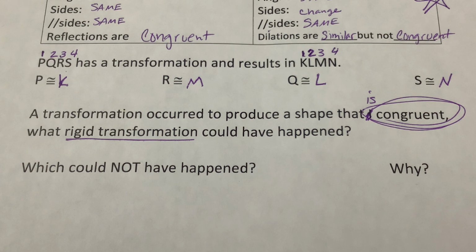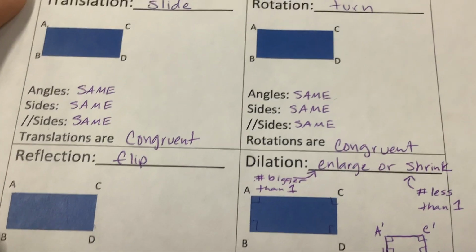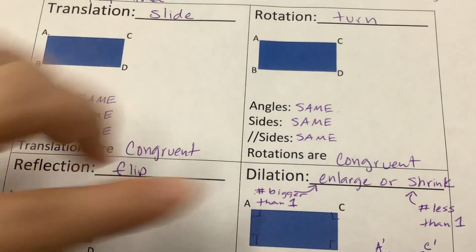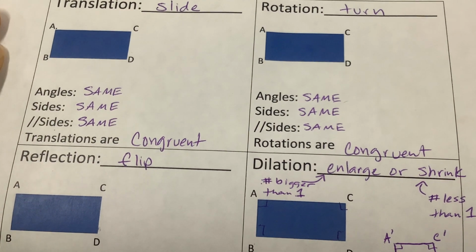So look at your four things up at the top. Which ones are all congruent? Which of these, translation, rotation, reflection, dilation, are congruent in the very end?